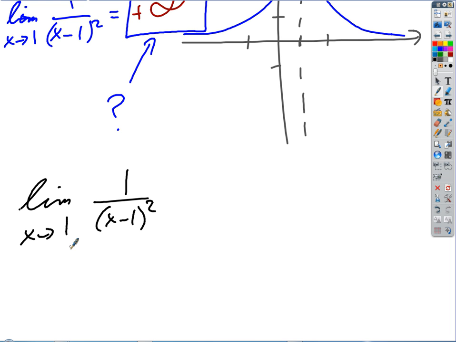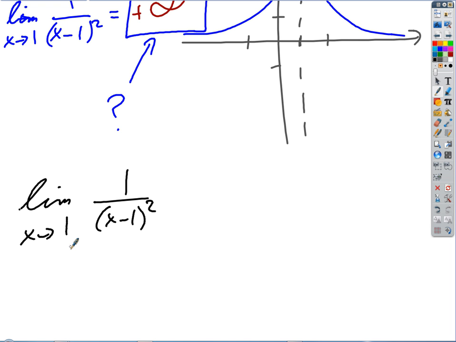It's approaching 0, you're right. It's approaching 0, but it's never going to actually be 0, right? It's always going to be very, very small. What's the sign of the number always going to be?